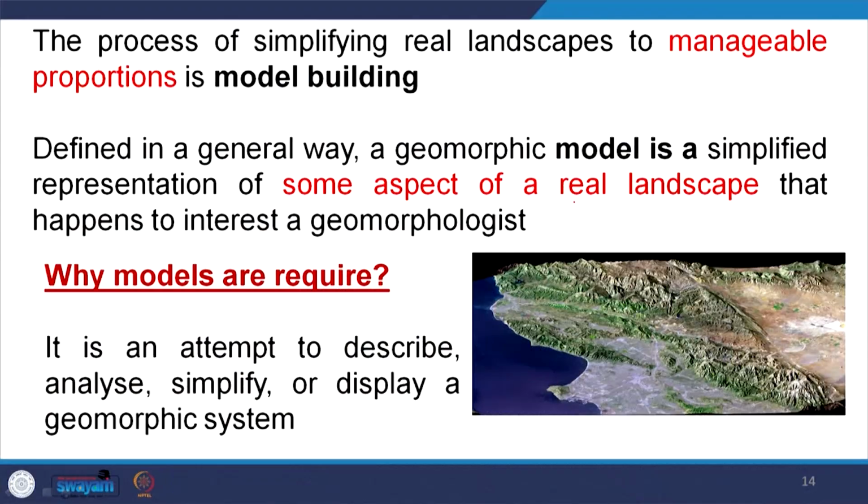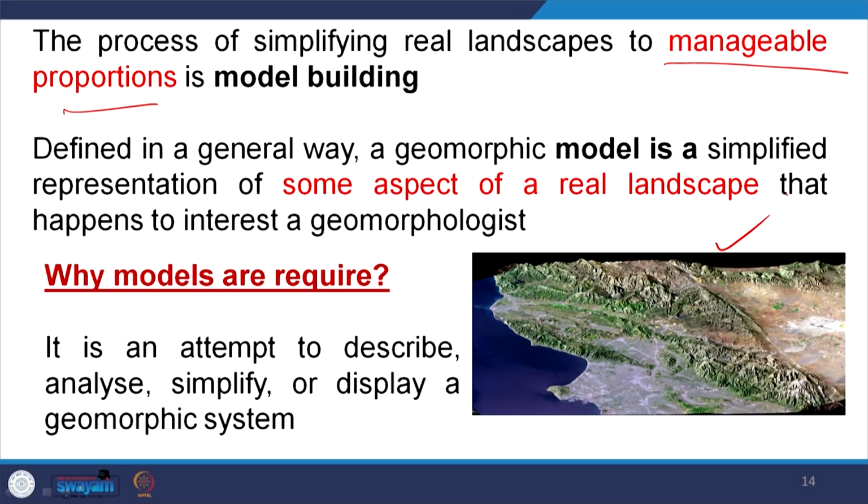By definition, we can say the process of simplifying real landscapes to manageable portions is called model building. That is very important, manageable proportion. Suppose we want to prepare a model for the Himalayas, or for example, the figure given here is a model prepared for the San Andreas fault of America.